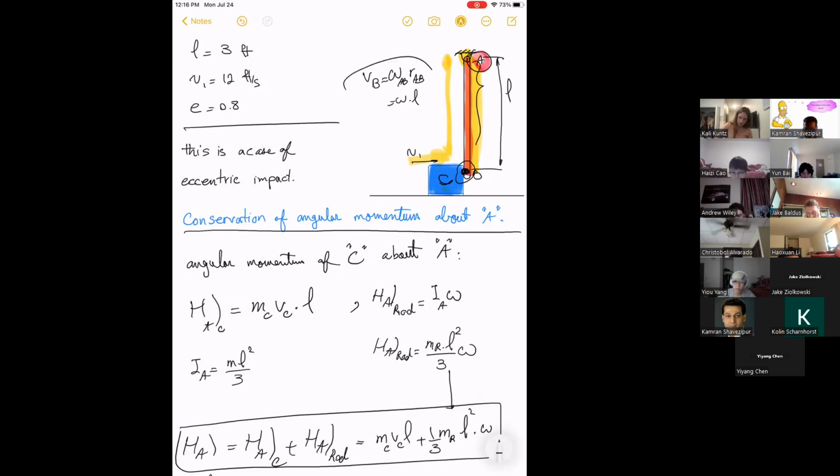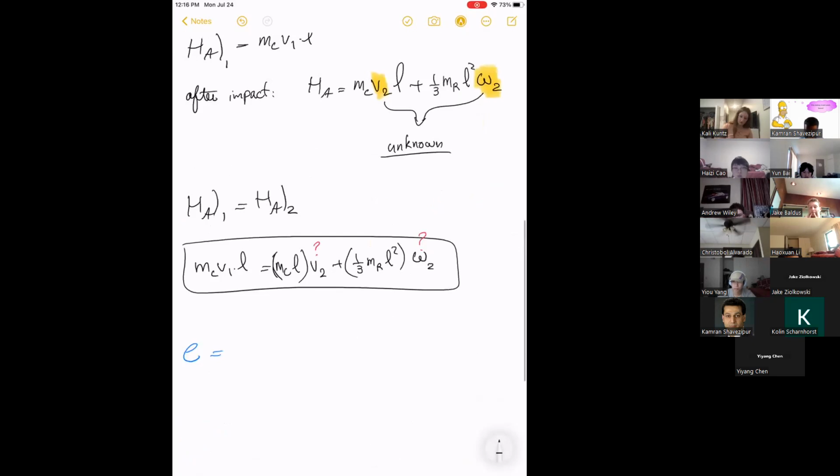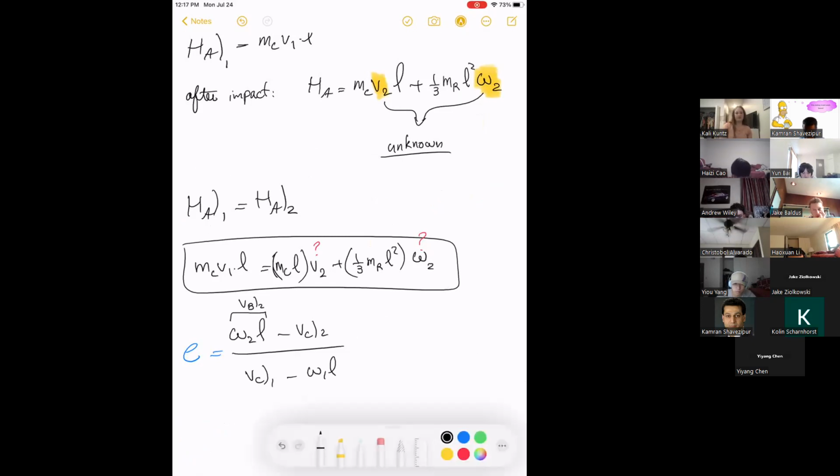So if I use this in the coefficient of restitution, I'm going to get omega 2 L, this is V_B2, minus V_C2, divided by V_C1 minus omega 1 L. You remember you flip the 2 terms in the numerator and denominator. As I said, omega 1 is 0.